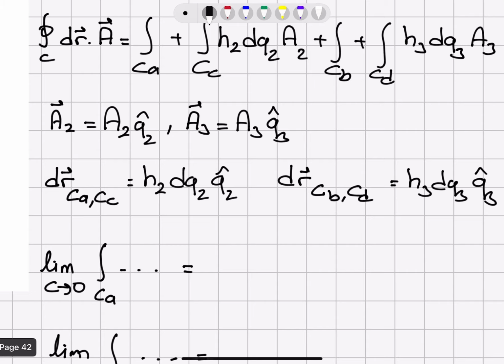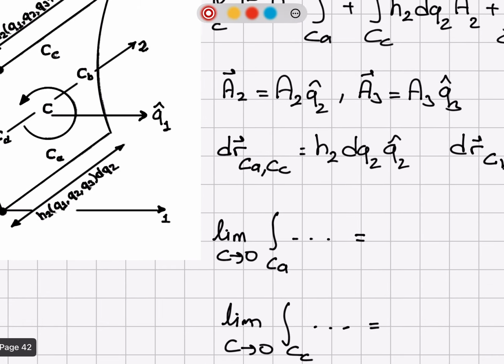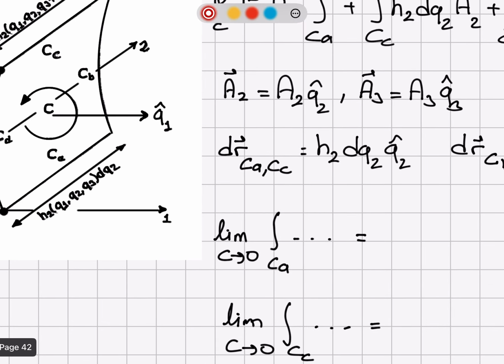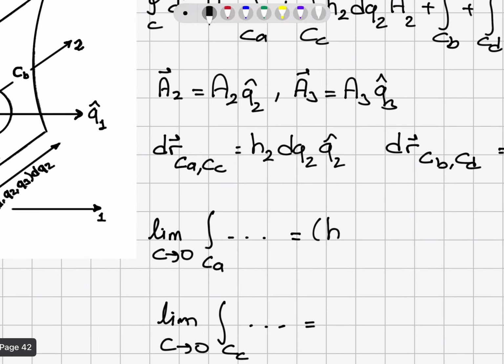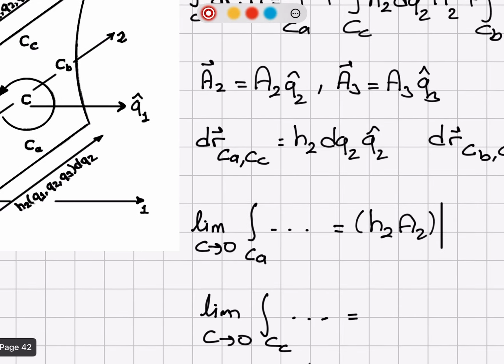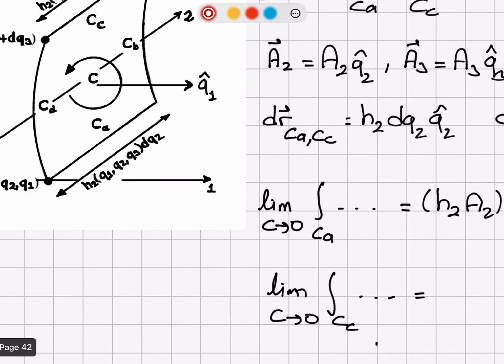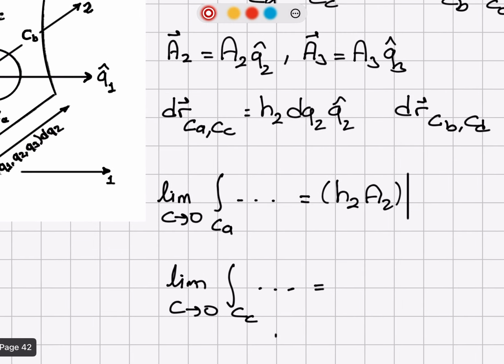Now, let's concentrate on the segment CA. So the limit as C goes to 0, integral on CA, I have H2A2 product. So where is this going to be evaluated? Now for this path, I have the smallest coordinates Q1, Q2, Q3. So this will be evaluated at Q1, Q2, and Q3.